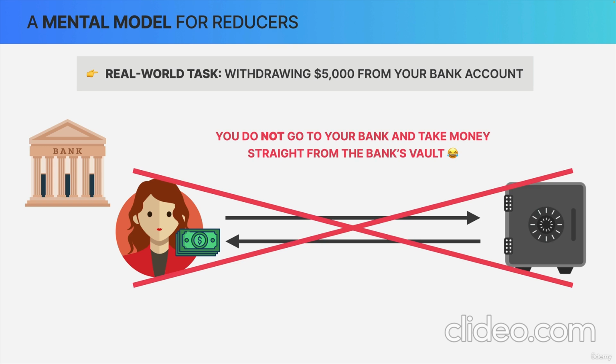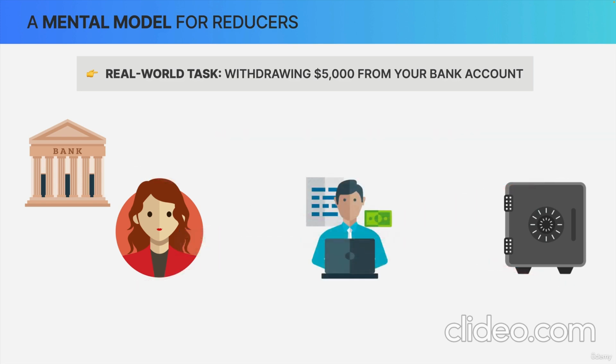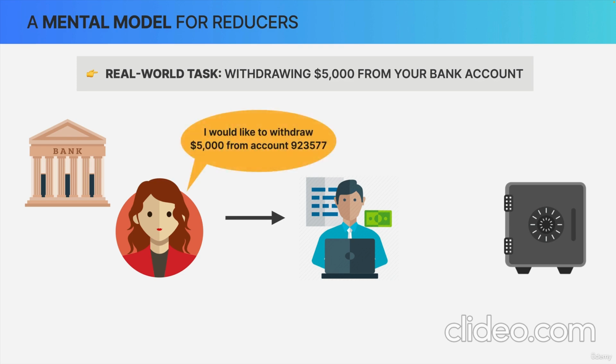How it does work is that you go into the bank, and there you'll find a person sitting at a desk ready to assist you. Now, when you arrive at the bank, you already know how much cash you want to withdraw and from what account number. And so you walk right to the person and tell them that you would like to withdraw $5,000 from account 923577, for example.